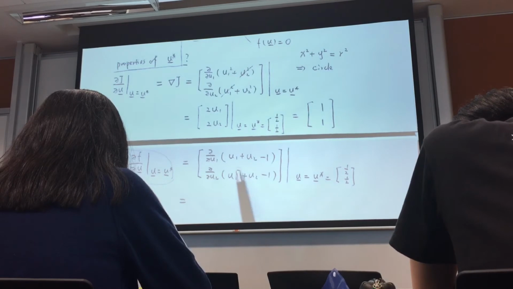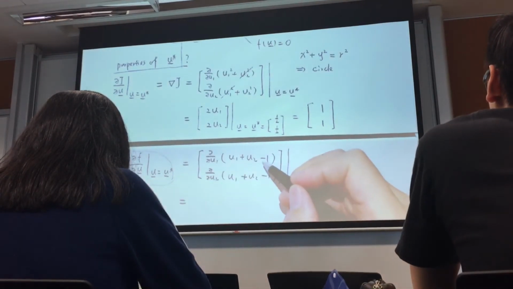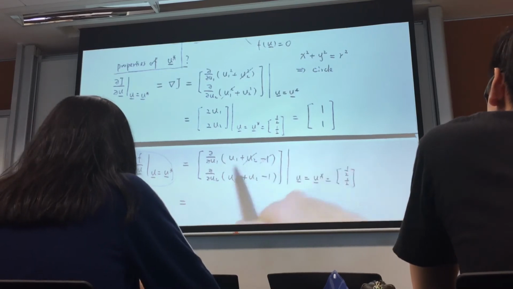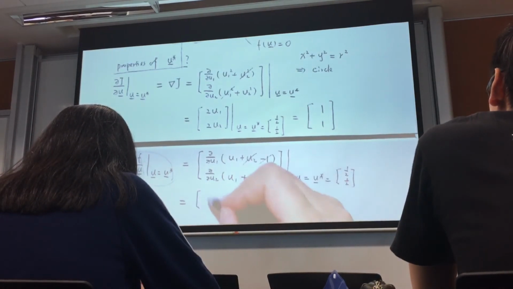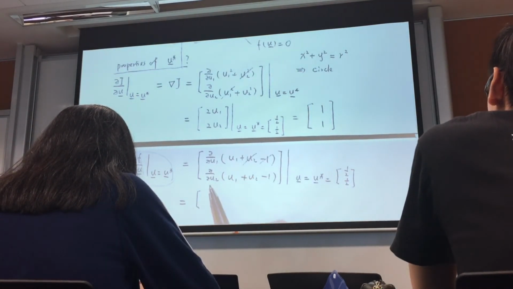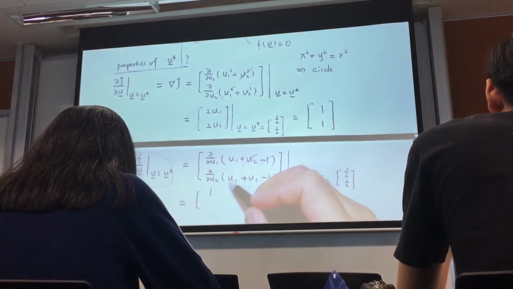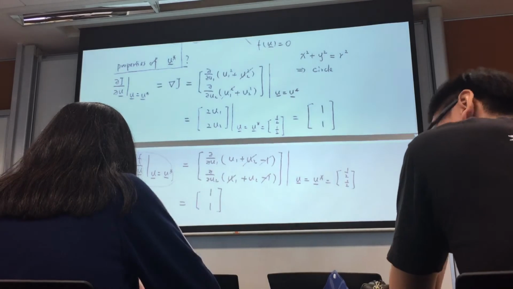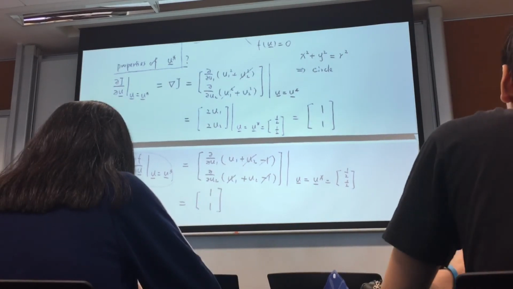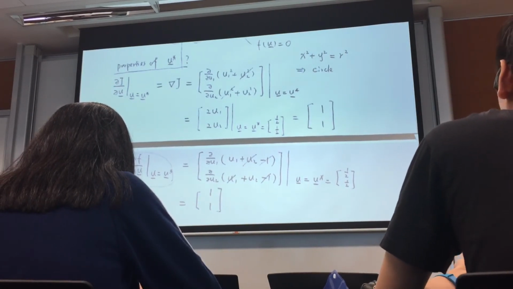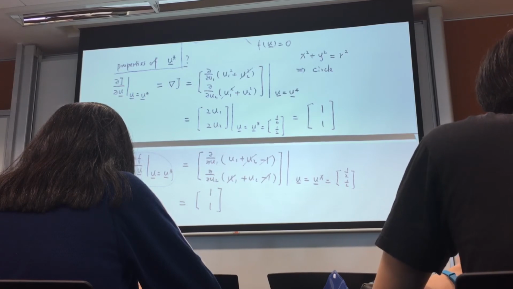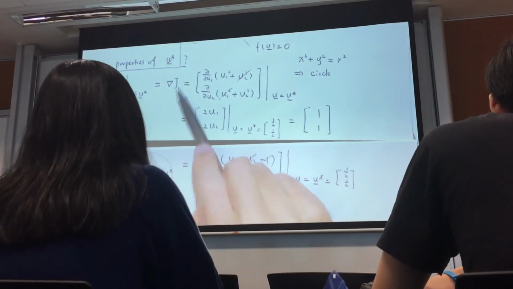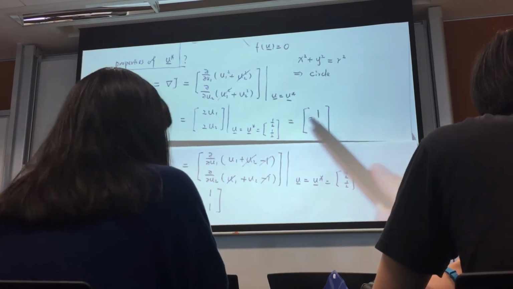For the first component, u2 is also a constant, so you just get 1. For the second component, u1 is constant and the 1 is constant, so it is equal to 1. So delta G equals 1, 1, so it has 2 components.